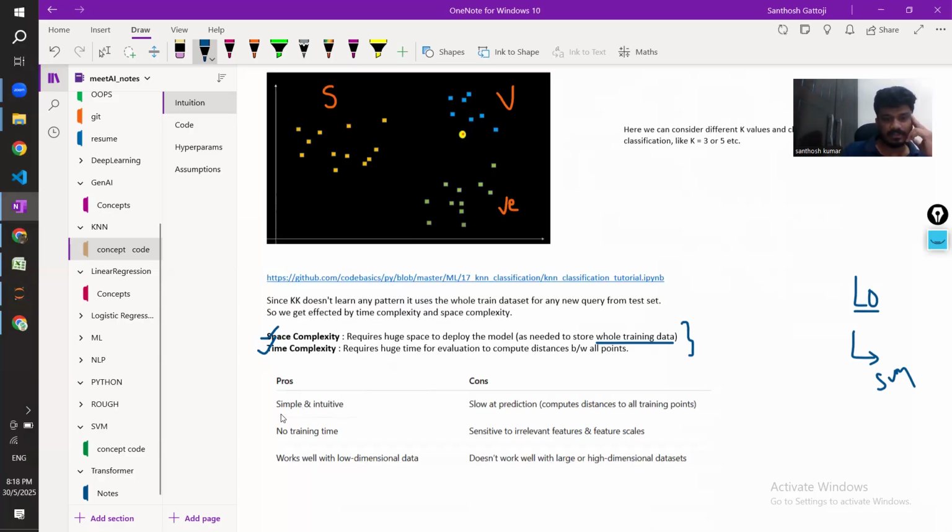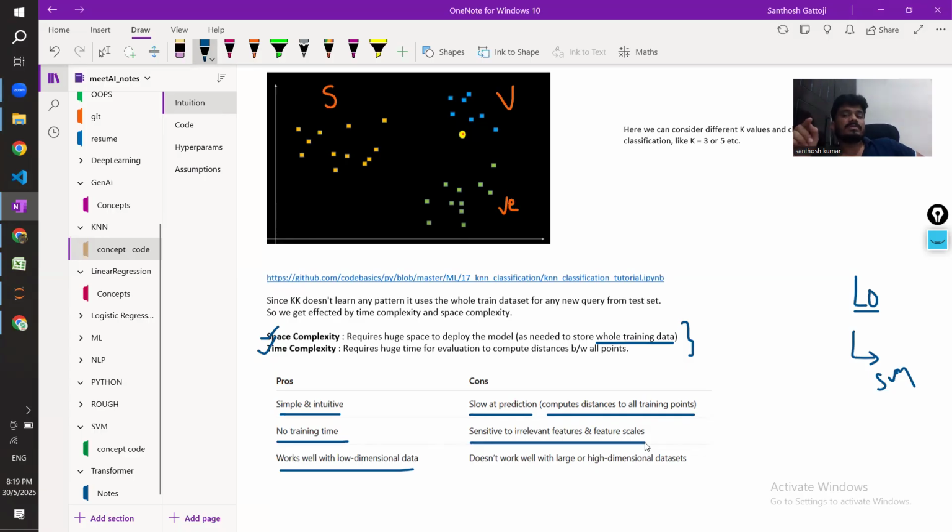One, it's very simple. There is no training time because no training is happening. It works well with low dimensional data, because with high dimensional data the complexity will increase. Prediction is slow because it needs to compute the distances to all the training data points, so if the data is more, it is a bit difficult. It is sensitive to irrelevant features and feature scales.